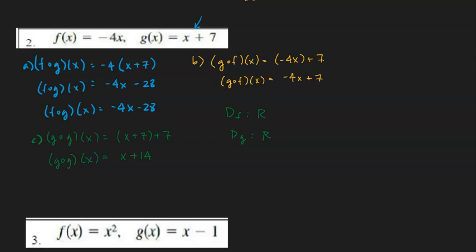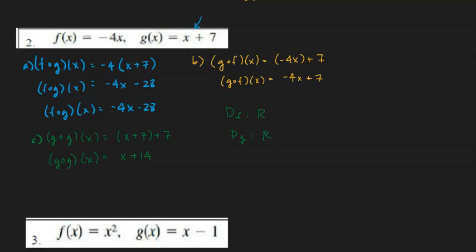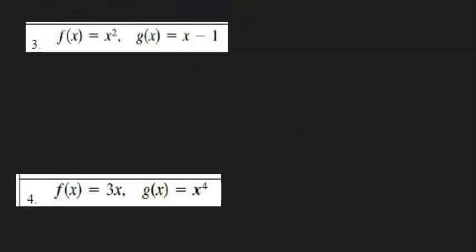So for all of these, the domain is all real numbers, and the domain is all real numbers, and the domain is all real numbers. Okay, good job. Okay, next one.